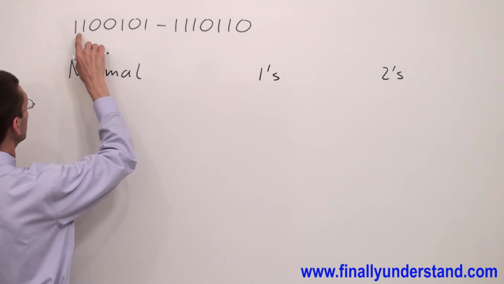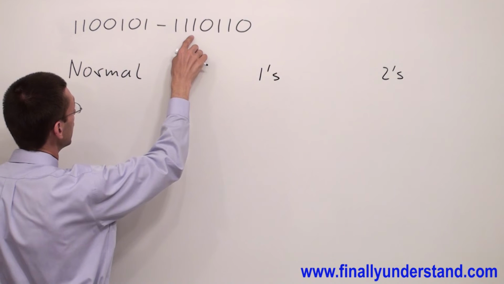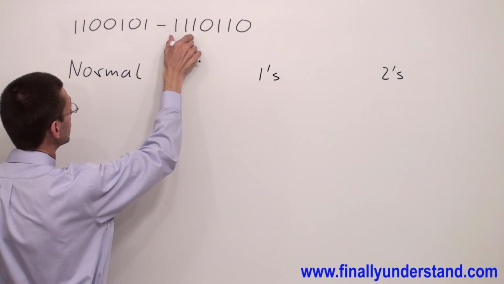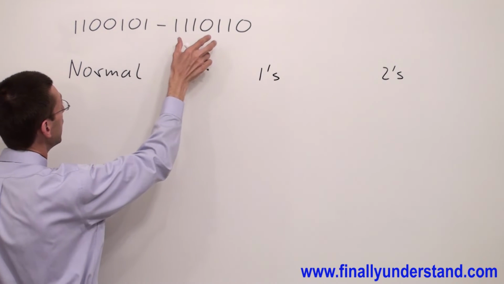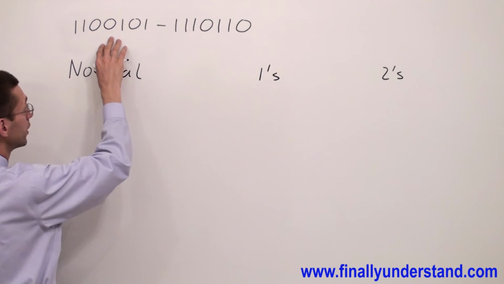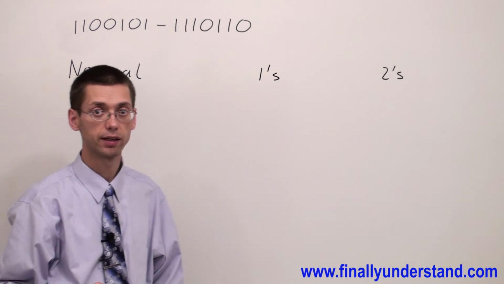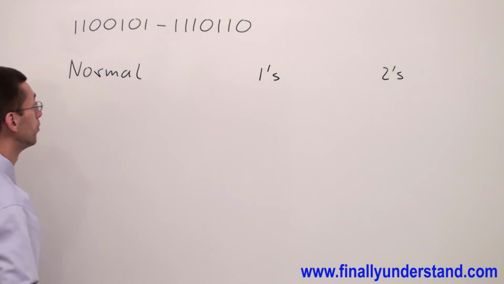Let's take a look at the third one: 1, 1, 0 here, and 1, 1, 1 there. So I have 3 highs over here, which automatically makes this number bigger than this one. Without long thinking, I know right away that this number is bigger.